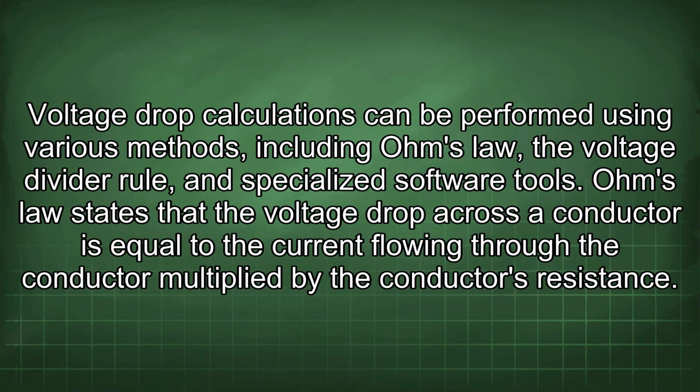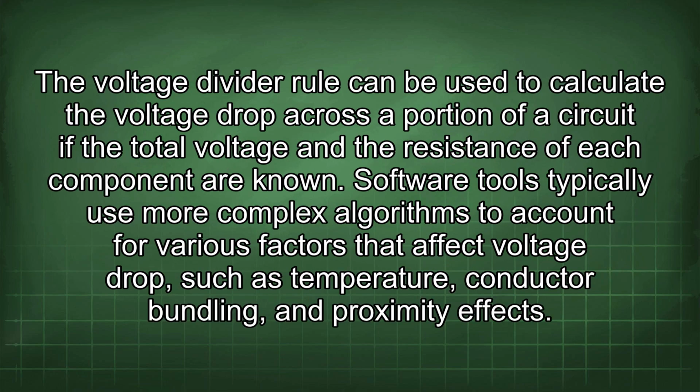Voltage drop calculations can be performed using various methods, including Ohm's law, the voltage divider rule, and specialized software tools. Ohm's law states that the voltage drop across a conductor is equal to the current flowing through the conductor multiplied by the conductor's resistance. The voltage divider rule can be used to calculate the voltage drop across a portion of a circuit if the total voltage and the resistance of each component are known.